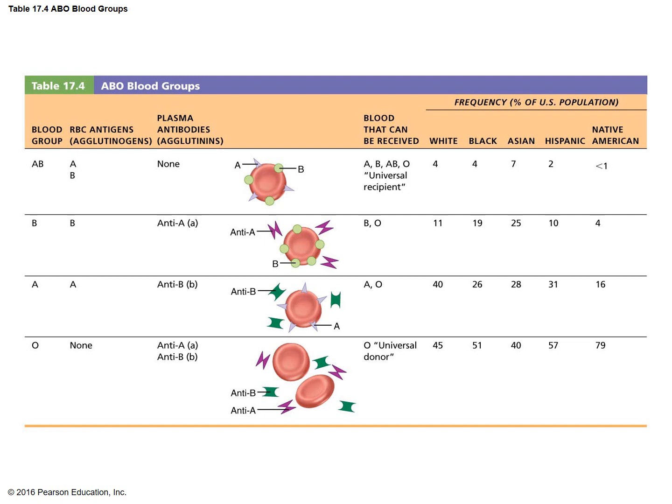So if you're a type O, you can only receive type O blood, but you can give your blood to any of the other types because you don't have markers on your red blood cells. So you are known as the universal donor. And then the last part of the chart on the right shows a breakdown of the frequency within the U.S. population. Because blood type is determined genetically, you're going to have certain ethnic groups with a prevalence for certain blood types within them.